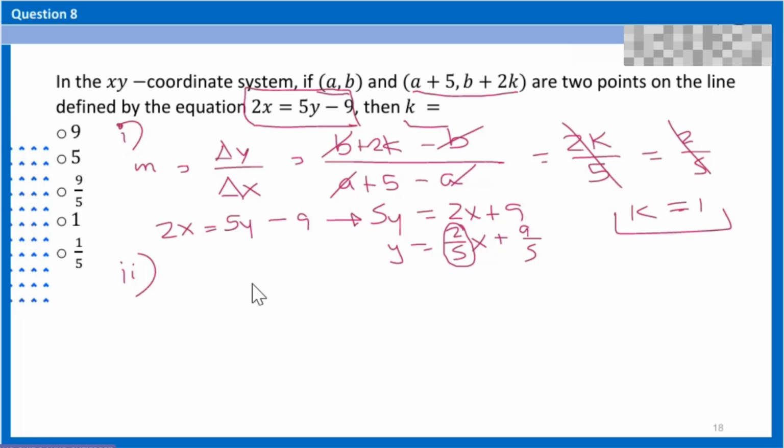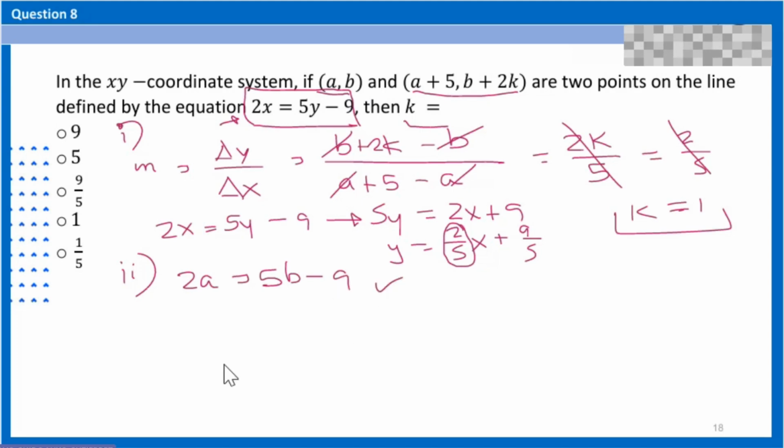Like saying, starting from the principle, how do you know a point belongs to a line? If that point satisfies the equation of the line with its coordinates, right? So if I substitute a and b in the equation of the line, you should get 2a equals 5b minus 9.